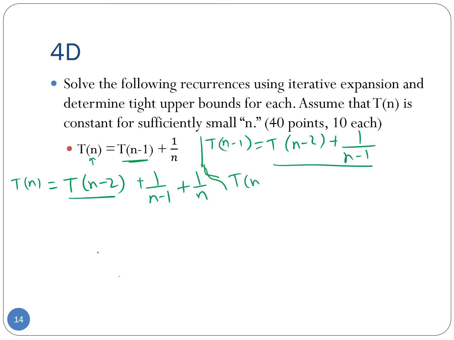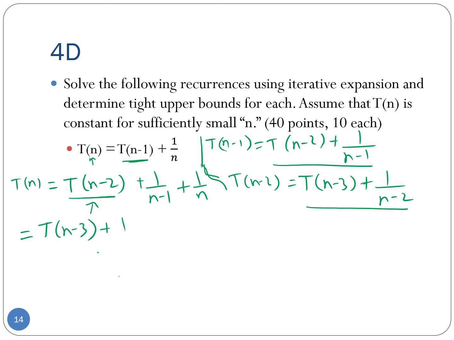Now once again, let's expand this T of n minus 2 using the same method. We get T of n minus 2 is equal to T of n minus 3 plus 1 upon n minus 2. Substituting this back in the recurrence, we get T of n is equal to T of n minus 3 plus 1 upon n minus 2 plus 1 upon n minus 1 plus 1 upon n. You see there is a pattern appearing here.